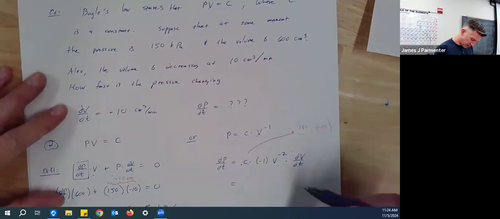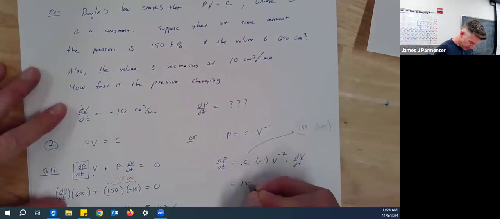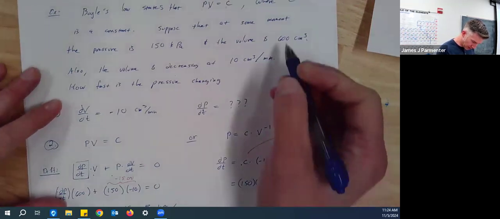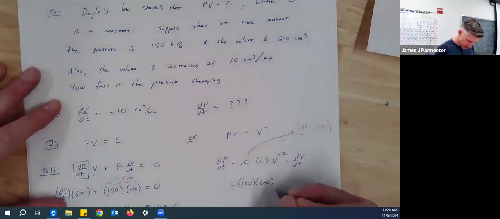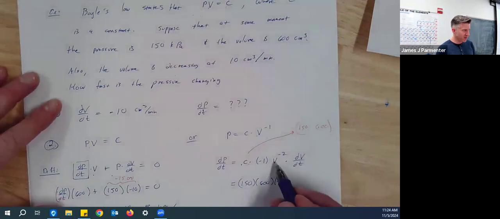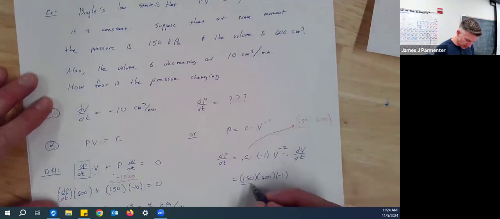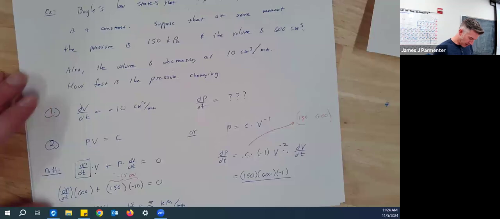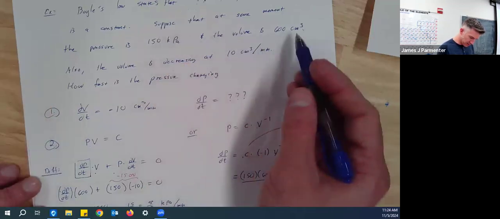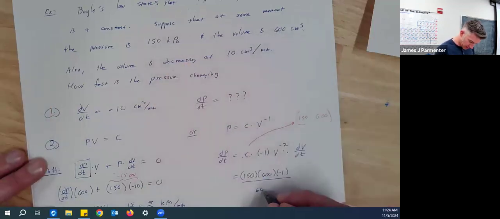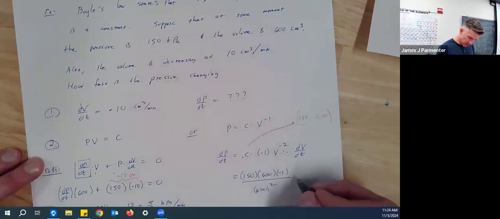Oh well. So I have 150 times 600 times -1. Instead of multiplying by V to the -2, let's divide by V squared. And volume is, again, 600, so I'm dividing by 600 squared, and then multiplying by dV/dt, which is -10.